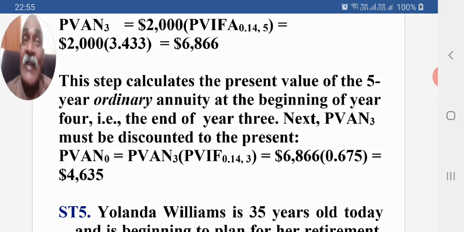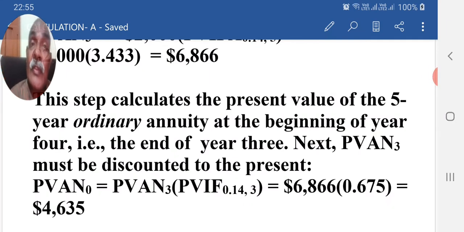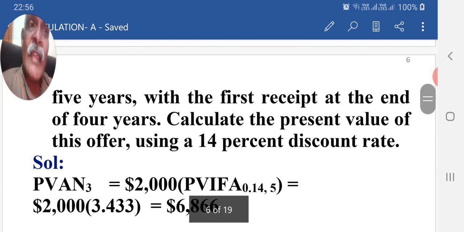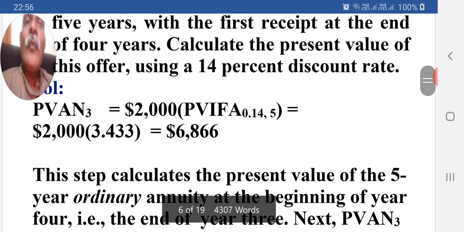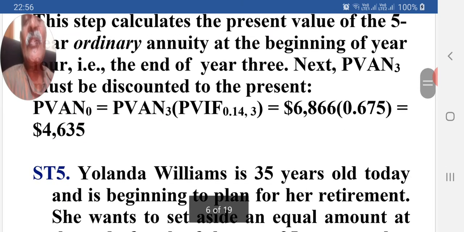So this offer, 2,000 rupees every year for 5 years, is equivalent to investing 4,635, which at the end of the third year becomes 6,866, and that amount funds the annuity. So if your business is for sale, the sale price of the business is 4,635.